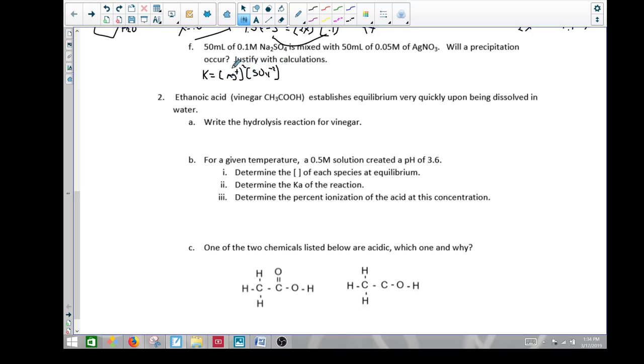The combination of these two ions together cannot exceed the K value, which is equal to 1.0 e to the negative fifth.